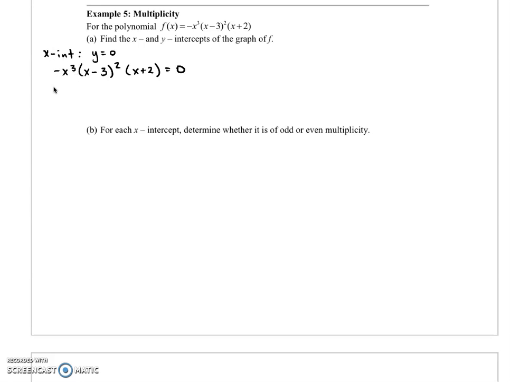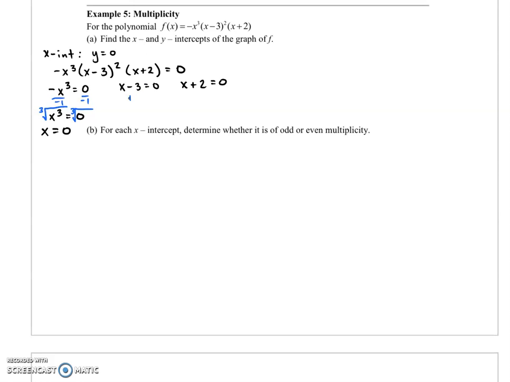So using the zero product property, either negative x cubed equals 0, x minus 3 equals 0, or x plus 2 equals 0. So for the negative x cubed, we're just going to divide by negative 1, and we have x cubed equals 0, and then we take the cube root of both sides, and we're left with x equals 0.